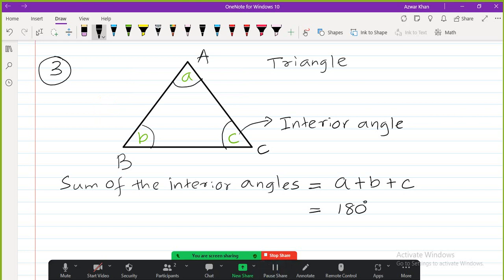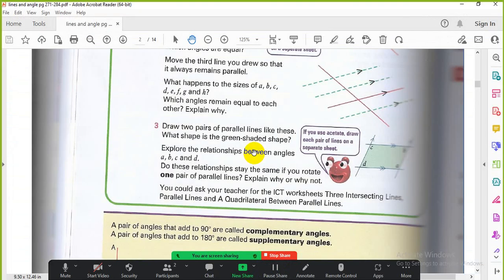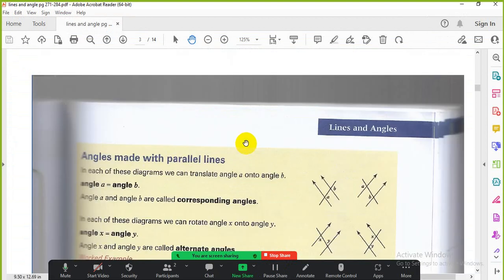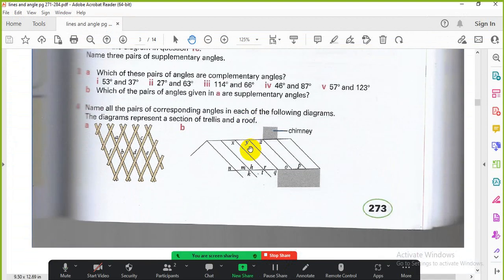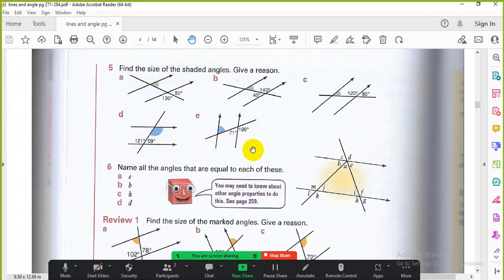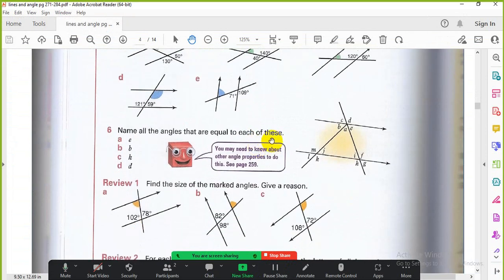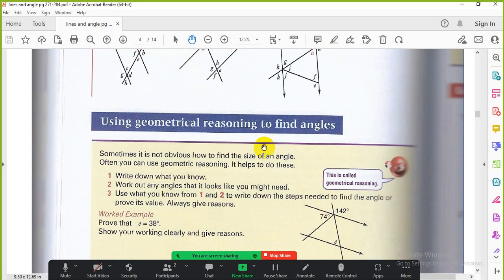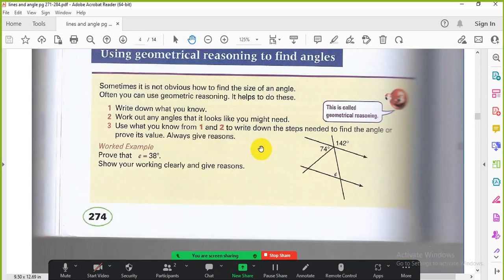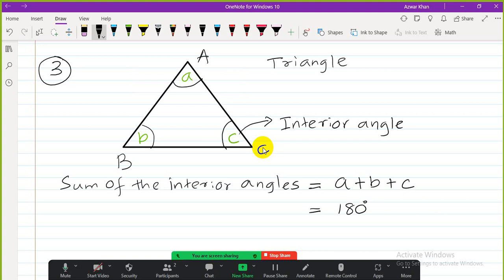180 degrees. These are still not mentioned in your textbook, I am just telling you the basics. When you know the basics, you can easily attempt these questions. This one is clear. There are three interior angles. Any triangle you take, there are three types of triangles: isosceles, equilateral and scalene.